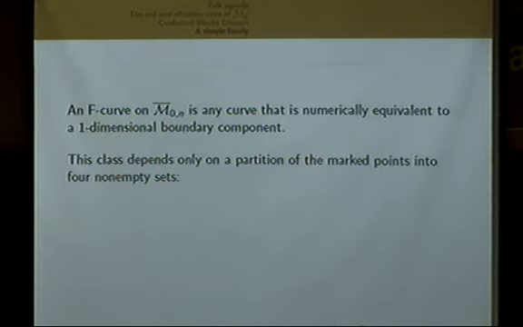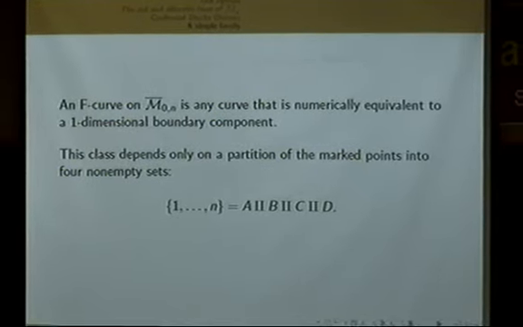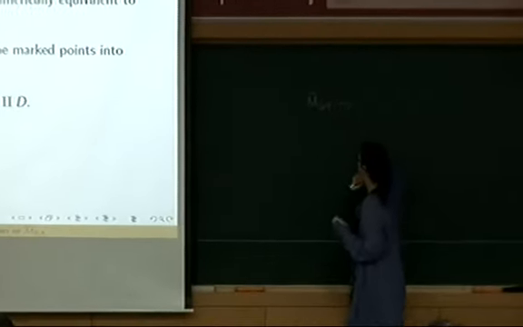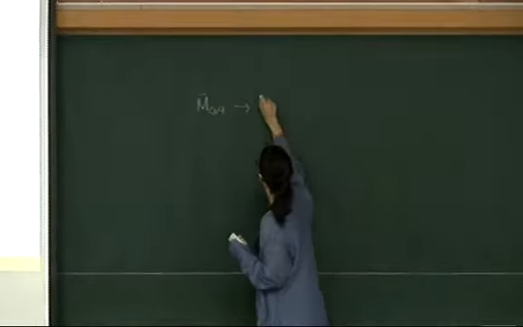So this curve only depends on really just a partition of the marked points into 4 sets. And then if you're working mod Sn, it only depends on the size of those sets. So the idea is really all those one-dimensional boundary components are images of morphisms from M04.